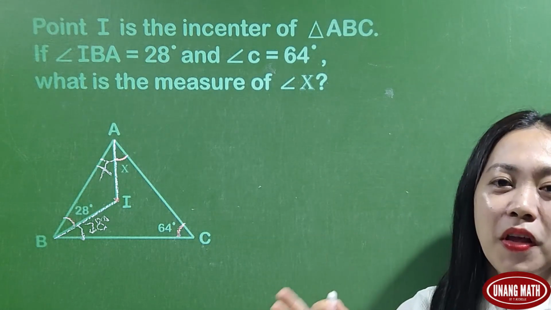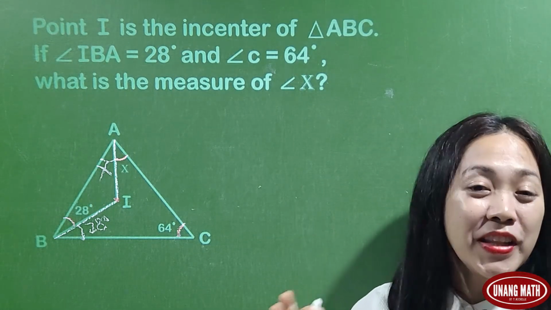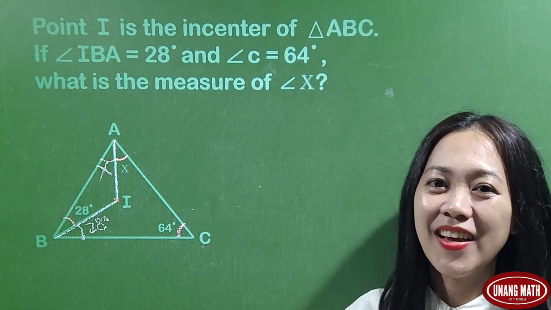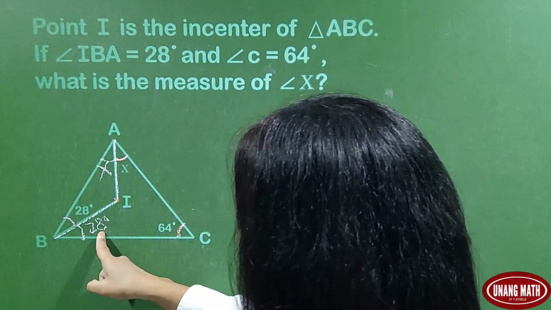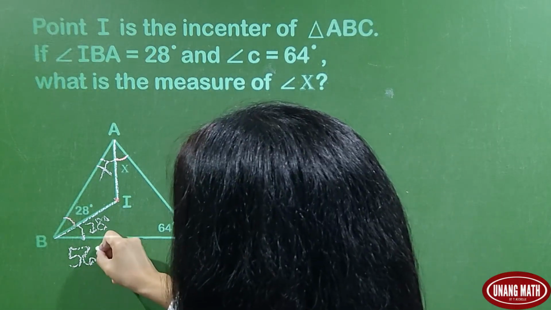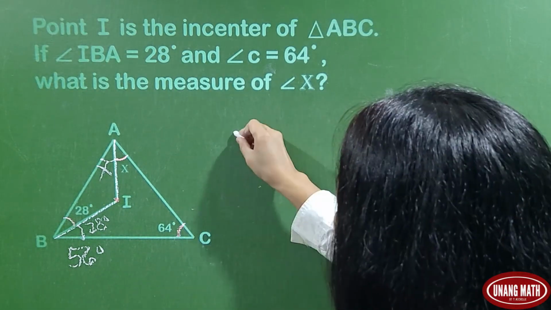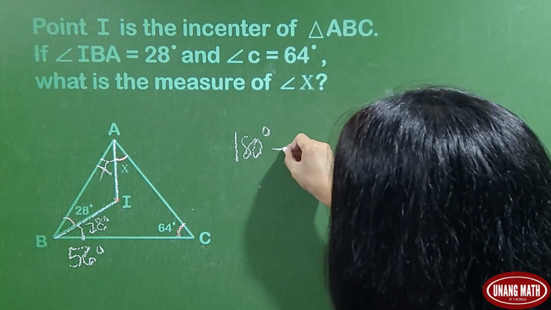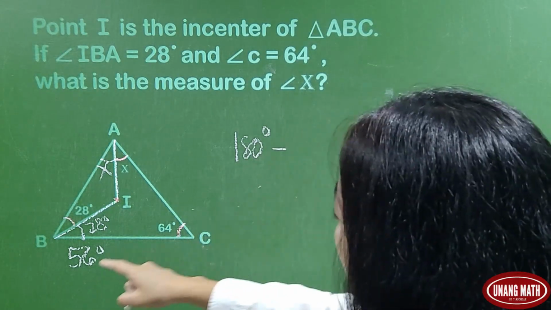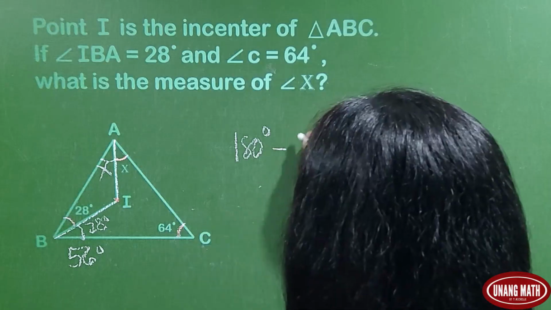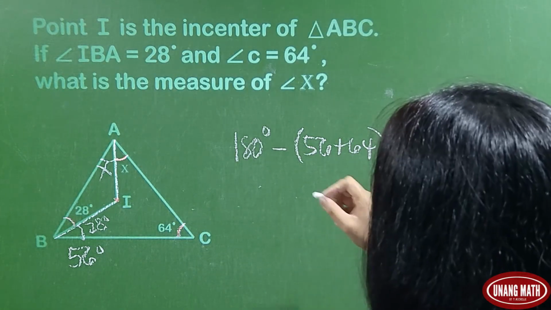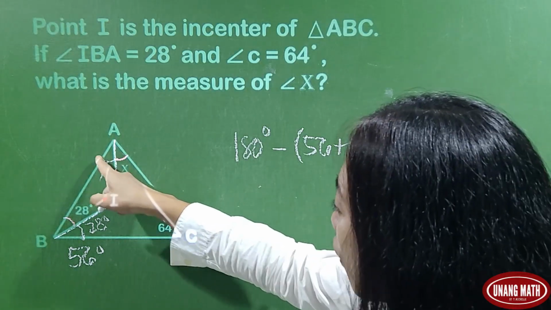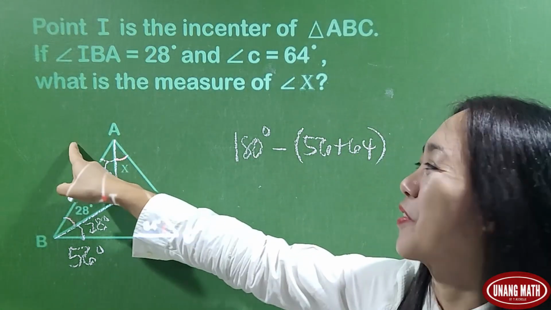Take note that the sum of the three interior angles of any triangle is 180 degrees. So 28 plus 28 is 56 degrees. So we have 180 degrees minus the sum of 56 plus 64. That's going to be the measure of the whole angle.